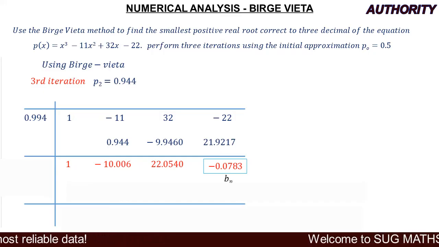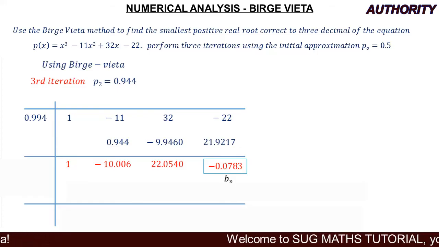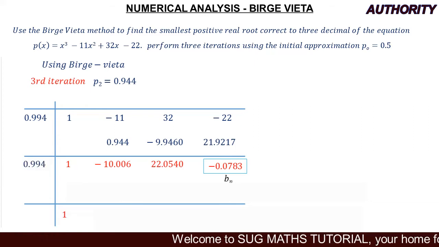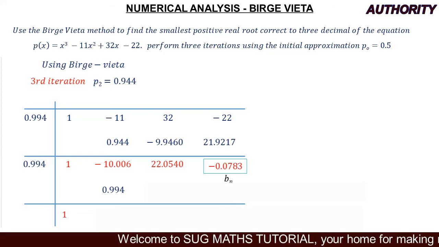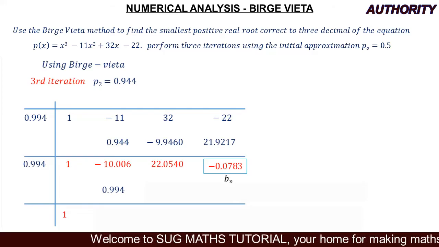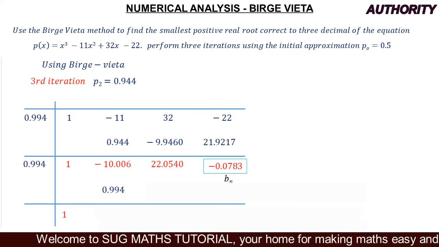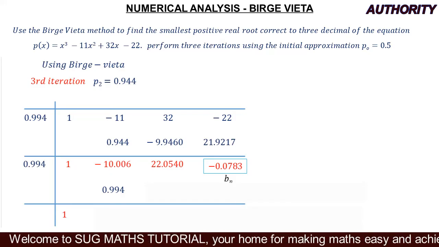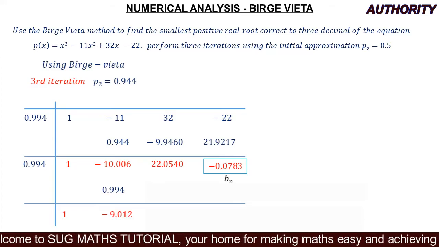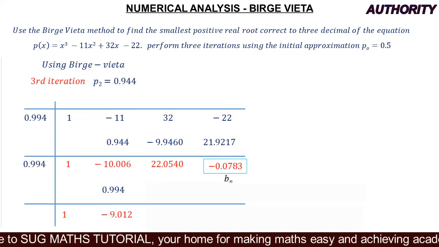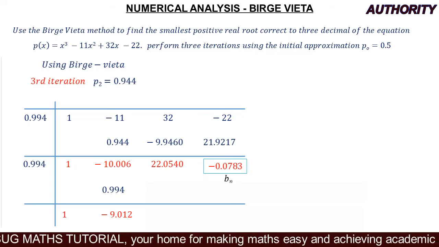Now let's go. The next one, we repeat the same step again. But in this case, the next one is not going to reach. So we bring down 1. This one multiplied by our P2 gives 0.994. Now we add together: minus 10.006 plus 0.994 gives minus 9.012.